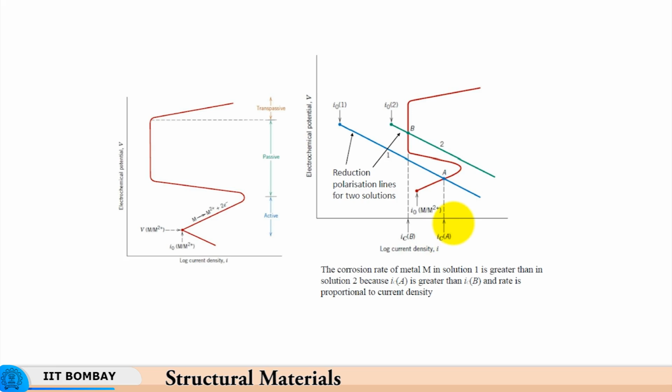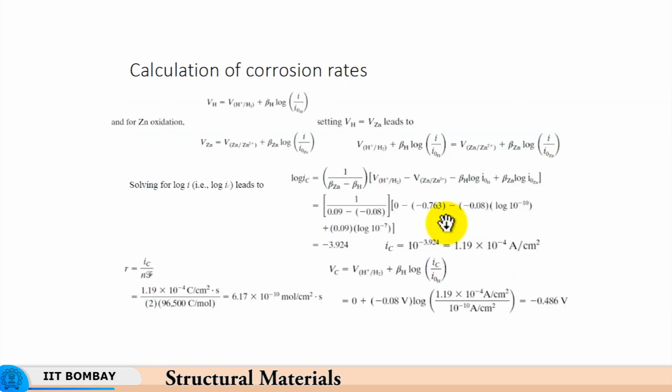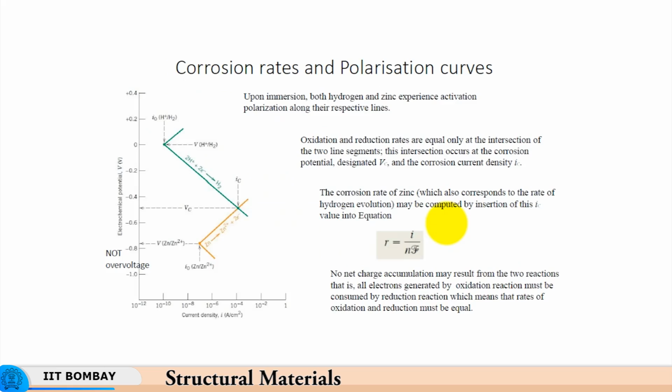So, this is what is important when it comes to corrosion and prevention of corrosion. To summarize, there are various ways of preventing corrosion.